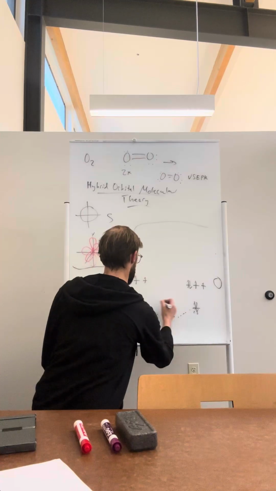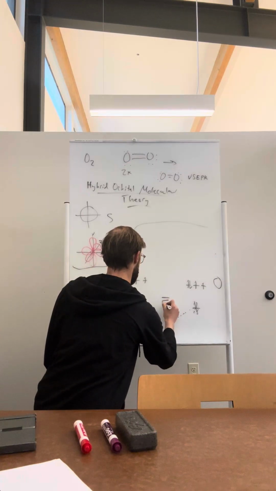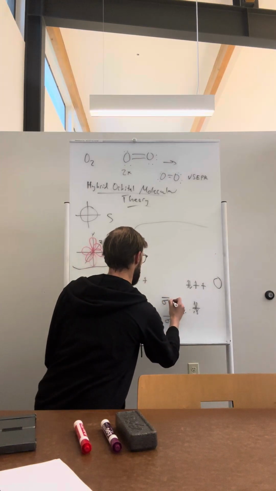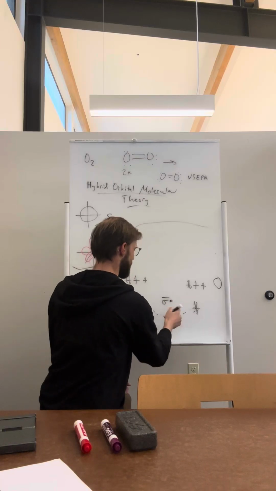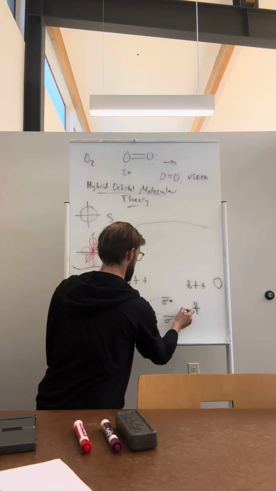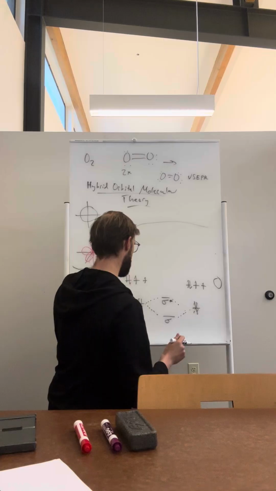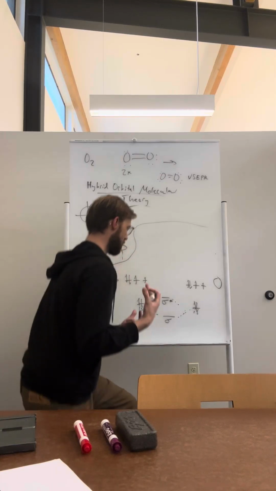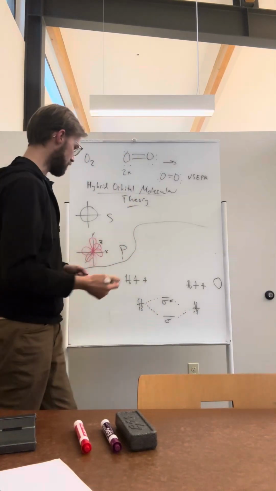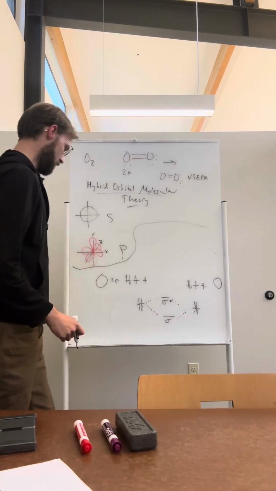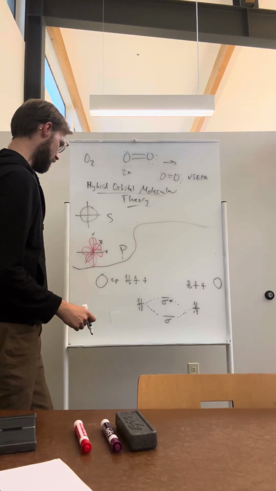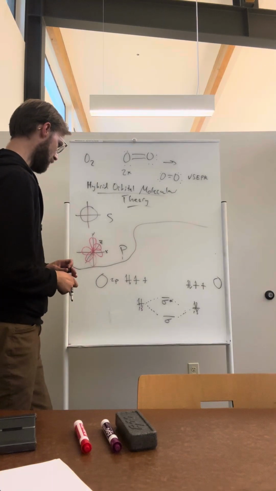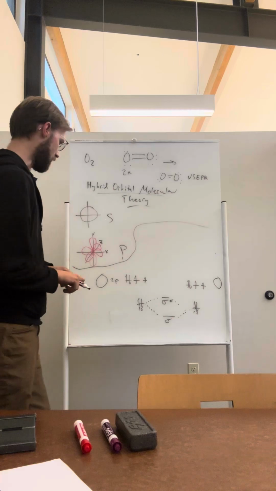And then this one up here is referred to as the sigma star. Now the star denotes anti-bonding. Okay, so whenever we mix these, the way the physics of the electrons work out is that there's 2 different orbitals right there. There's a bonding and an anti-bonding.